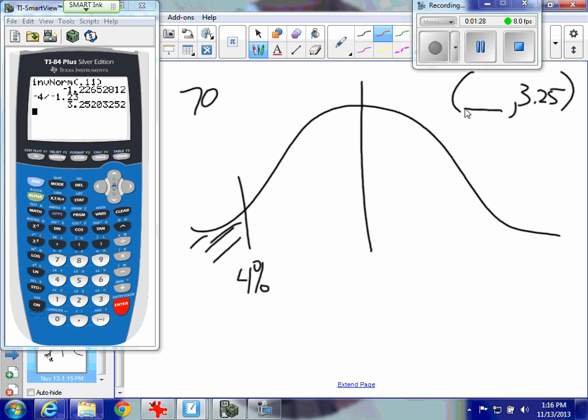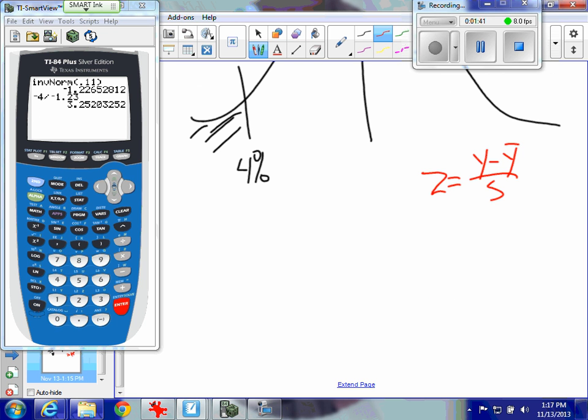So I have z equals y minus y bar over s. My y is 70. I don't know what my y bar is. That's what I'm looking for. I know that my s is 3.25.